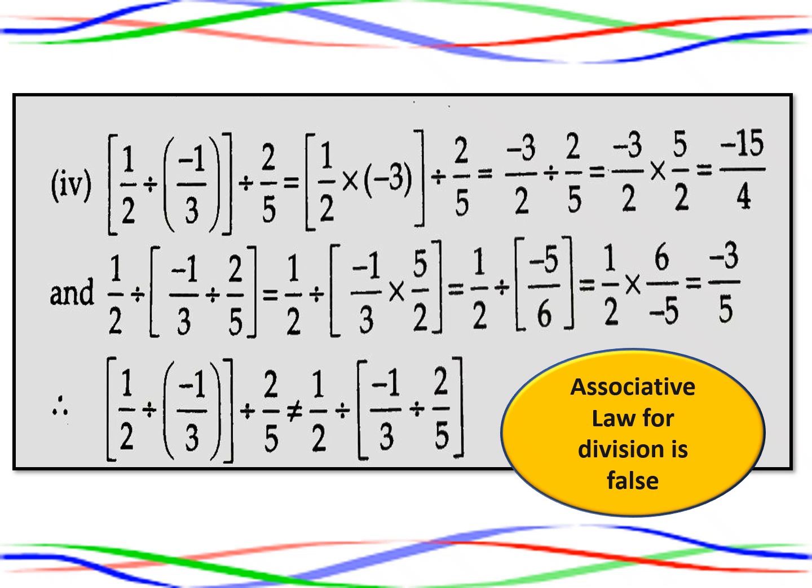That is why not equal is written. 1 by 2 divided by minus 1 by 3 done first, and that answer divided by 2 by 5 is not equal to 1 by 2 divided by, within the bracket, minus 1 by 3 divided by 2 by 5. So you have to take this sum and do it once again in your notebook. Then it will be very clear and the property is illustrated.